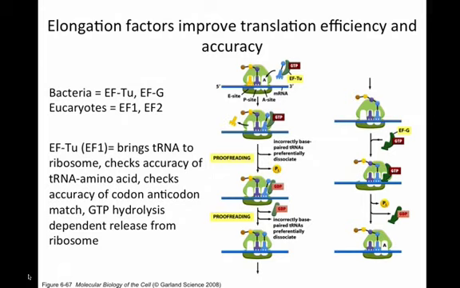So it checks the accuracy of the codon-anticodon match, so that's one thing. It checks accuracy of two things: the amino acid and tRNA, so it's binding to the amino acid and the tRNA, so it's checking that match, and then it's also checking the codon-anticodon match. These are all very important things, right, because you don't want the wrong amino acid added to your protein. That's pretty important.